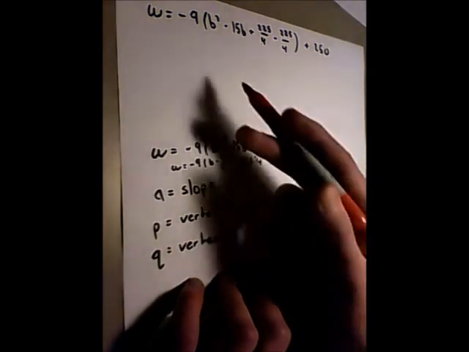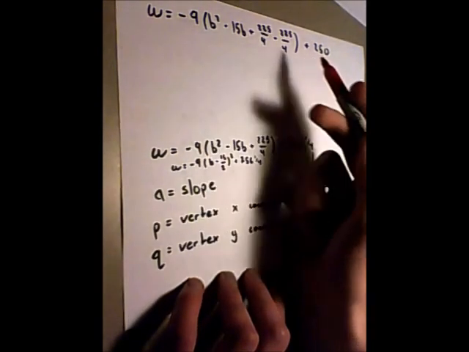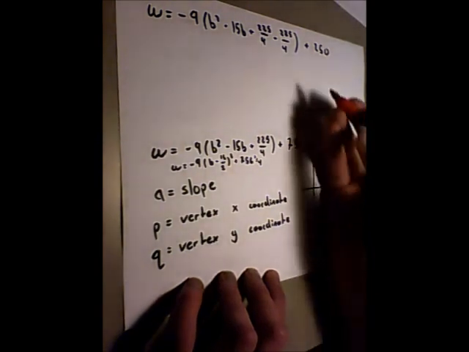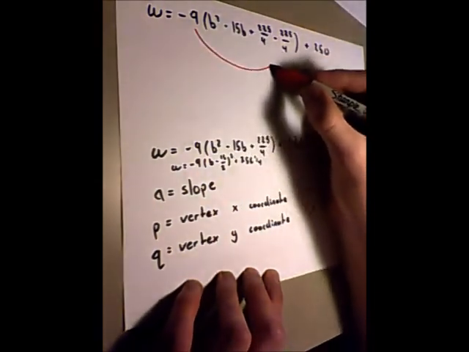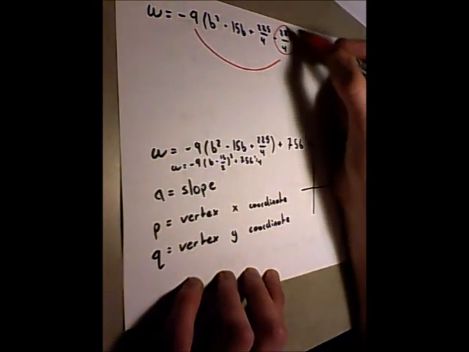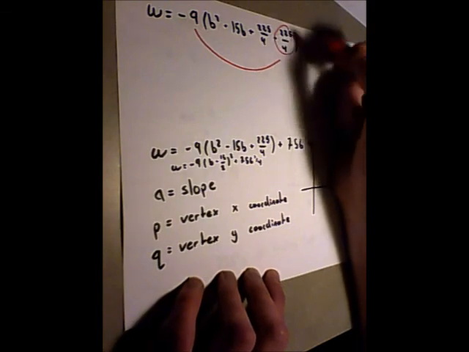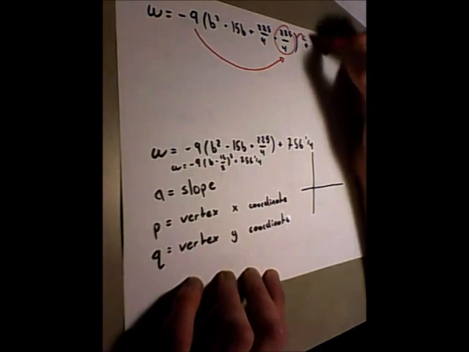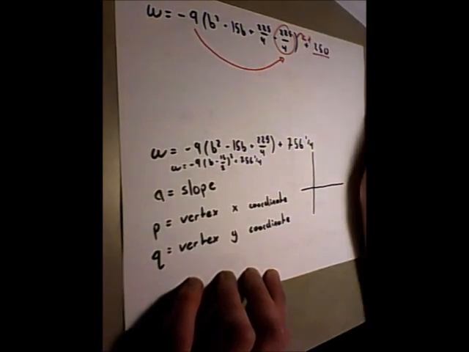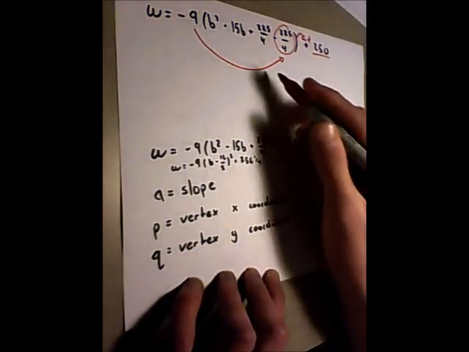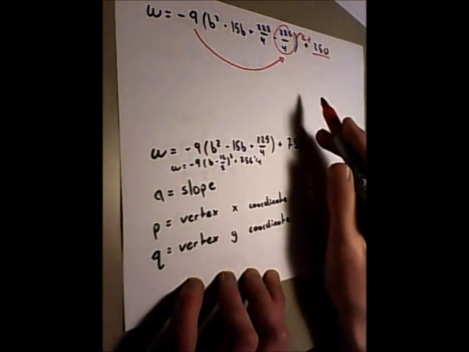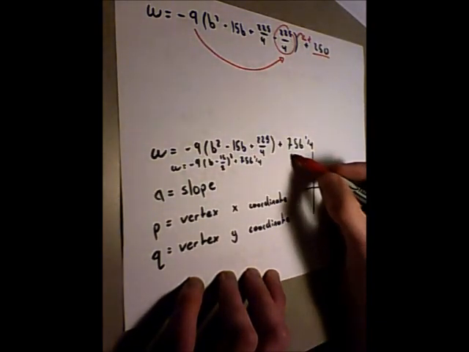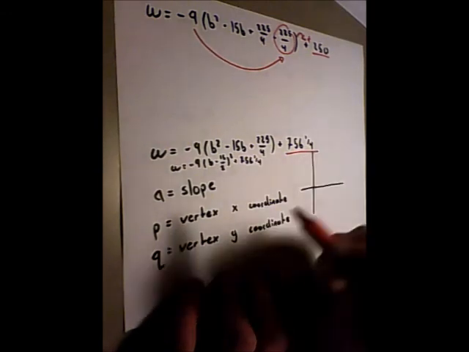But this isn't a factorable trinomial, so how are we going to convert it to vertex form? Well, we simply multiply this subtracted value, pop it out of the brackets, and then add it to 250. Multiplying that out gives us 756 and 1 over 4.